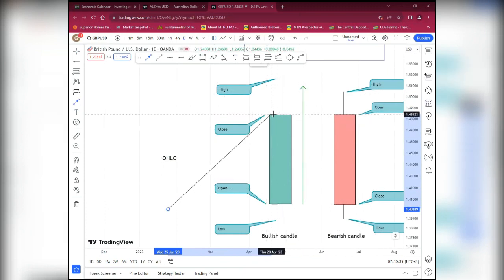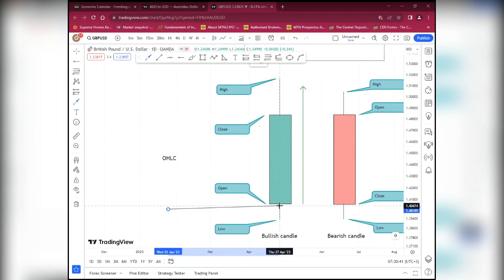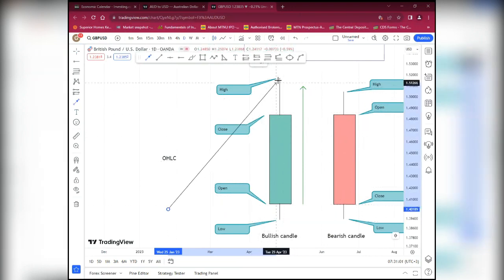The lowest below the opening prices are the lowest prices that were experienced during this bullish candle. Again, it does not really matter if it's a 1 minute or a 1 day or a 1 month candle. These are the lowest prices, and these are the highest prices above the close.